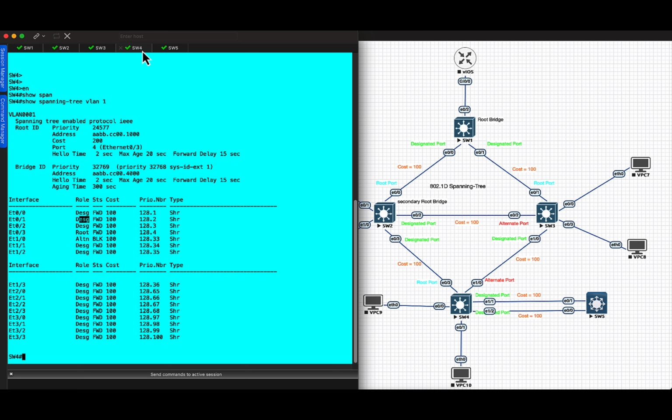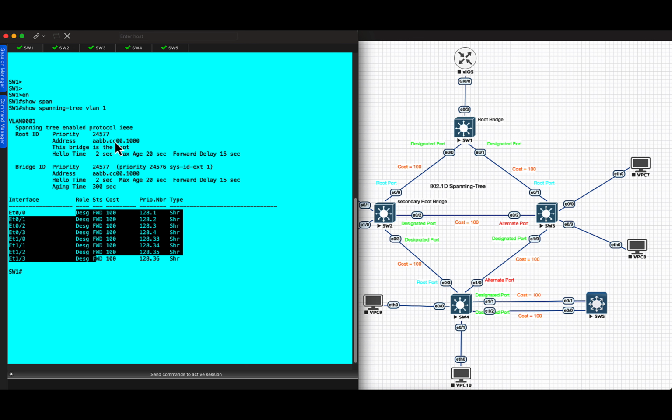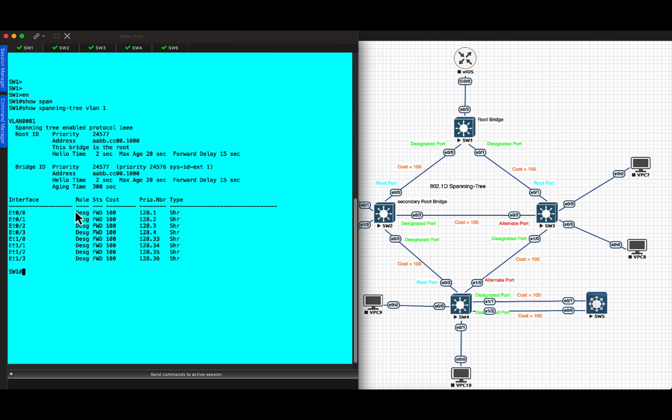Okay, so you can see the pattern, right? The pattern is that a switch that won the root bridge election, that is the root bridge, we're looking at switch 1 here, doesn't need to have a root port. If it is the root for all VLANs, then every interface will be a designated interface on that root switch.